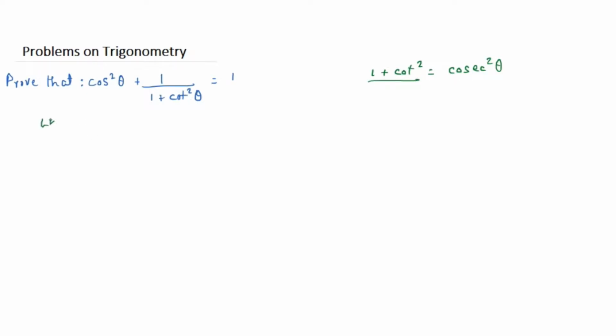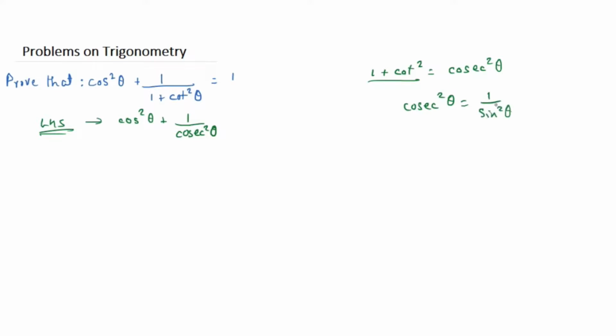So I start with the left hand side, which is LHS. LHS is equal to cos square theta plus 1 over 1 plus cot square theta, which we found out as cosec square theta. So I just write cosec square theta here. And according to the reciprocal identities, we know that cosec square theta is equal to 1 over sine square theta.